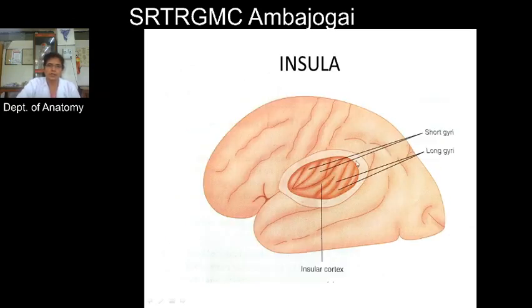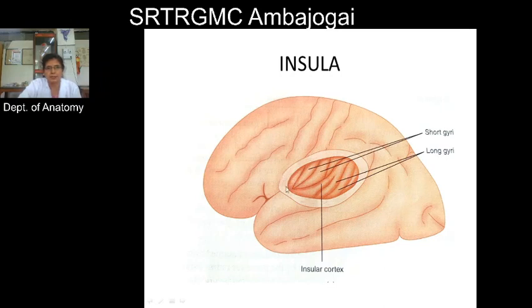Now the other lobes described are the insula and the limbic lobe. This insula is not seen on the external aspect. It is hidden in the depth of the lateral sulcus, that is, in the depth of the stem of lateral sulcus and the posterior ramus of the lateral sulcus.